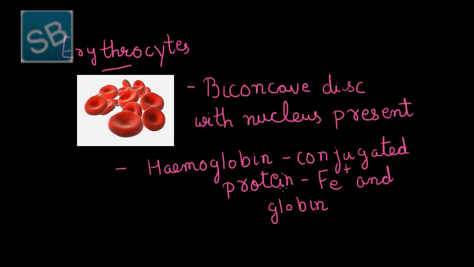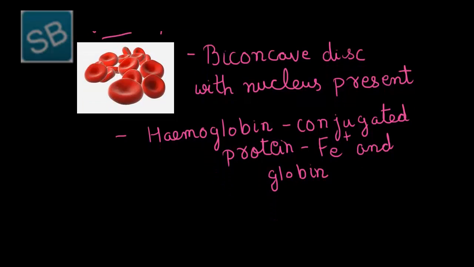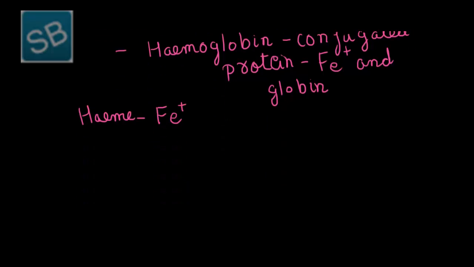Thus, hemoglobin contains both a protein and a non-protein part. The protein part is globin and the non-protein part is called heme. Heme is an iron-containing compound. Hemoglobin has a high affinity for oxygen, as a result of which transport of oxygen and carbon dioxide takes place due to the presence of RBC containing hemoglobin.